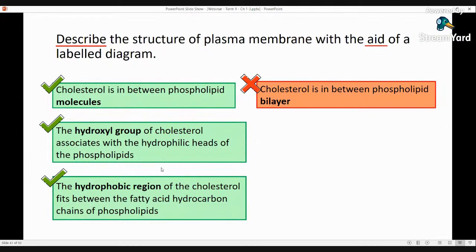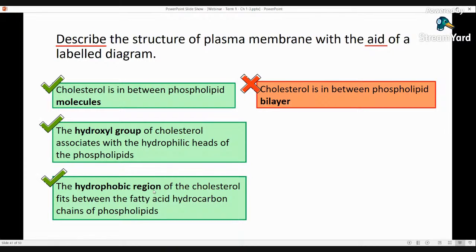In terms of cholesterol, just now we talked about phospholipid, now we talk about cholesterol. Cholesterol is found in between the phospholipid molecules. The hydroxyl group of the cholesterol associates with the hydrophilic heads of the phospholipid, as I told you just now.